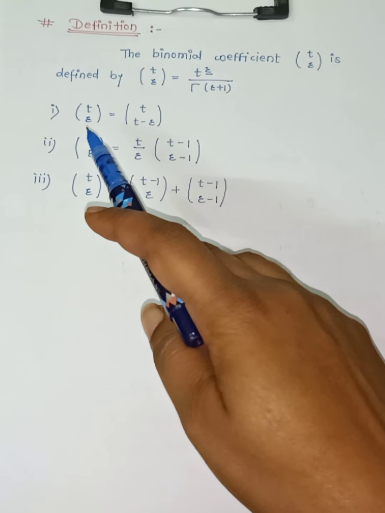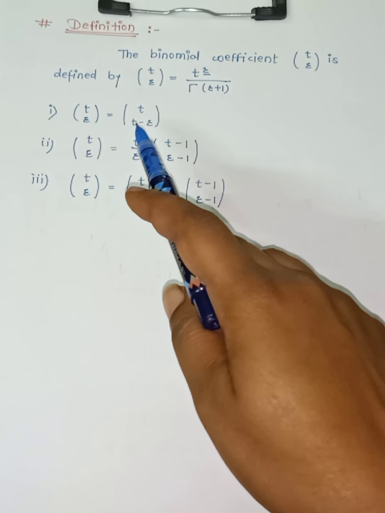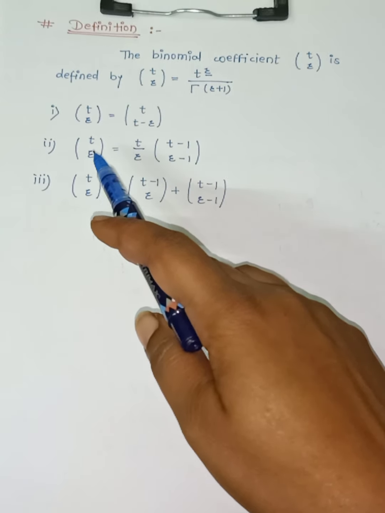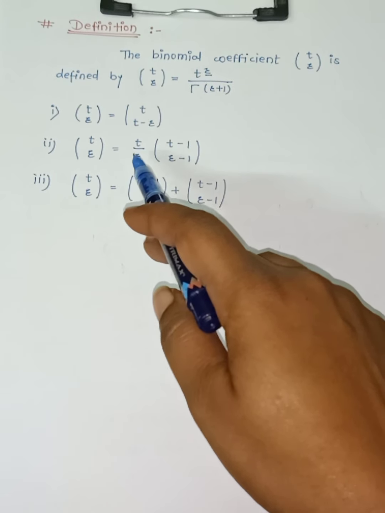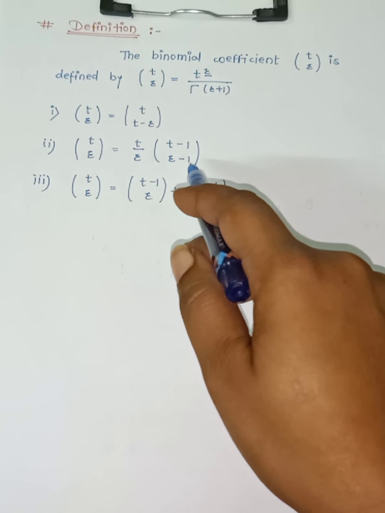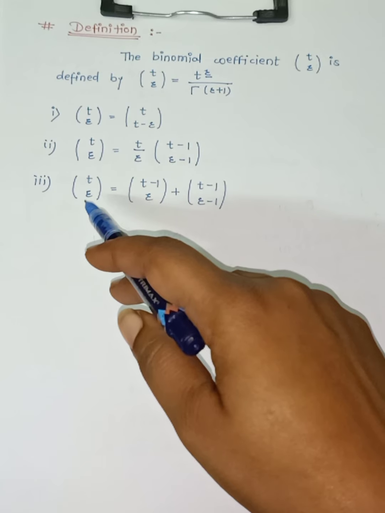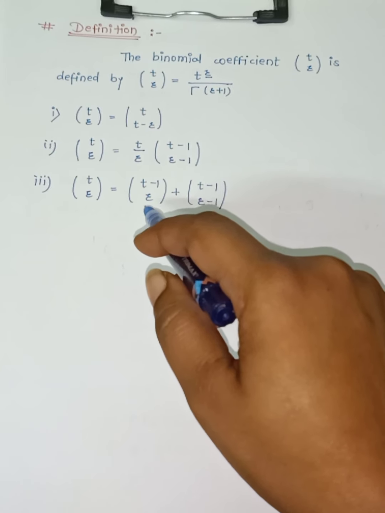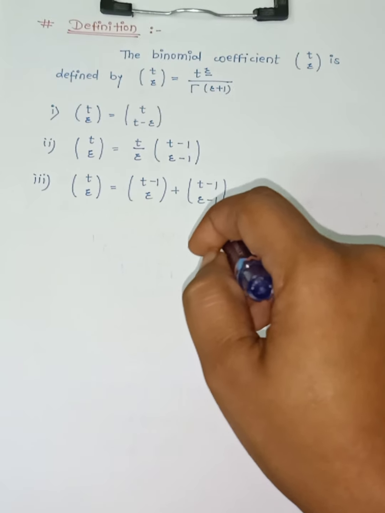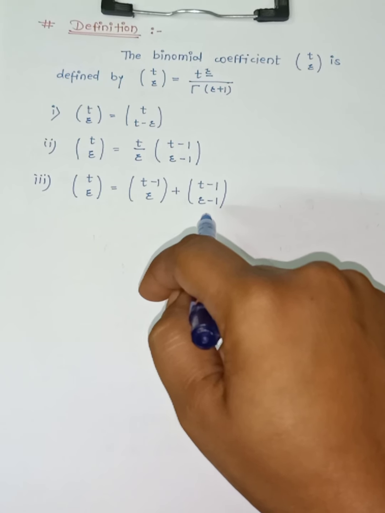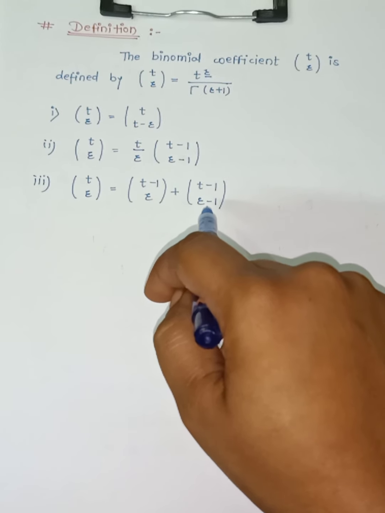First property is tCr equals tC(t minus r). Second one is tCr equals t by r times (t minus 1)C(r minus 1). And third one is tCr equals (t minus 1)Cr plus (t minus 1)C(r minus 1).